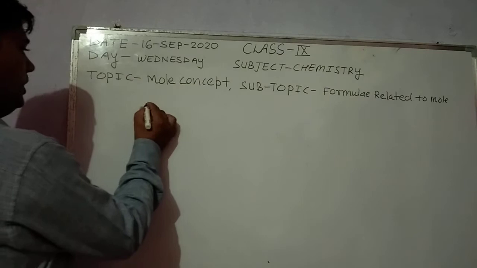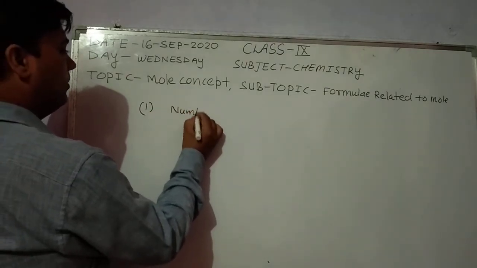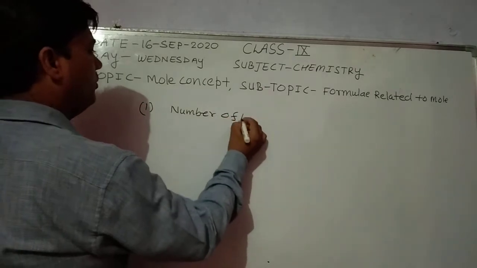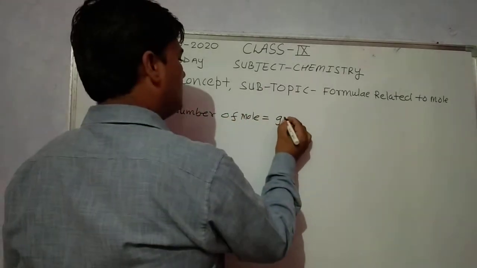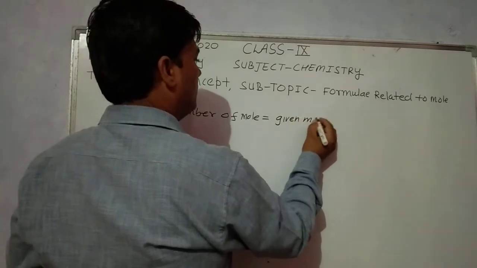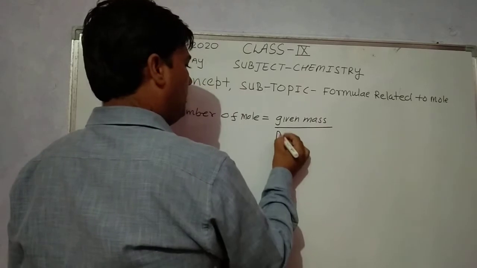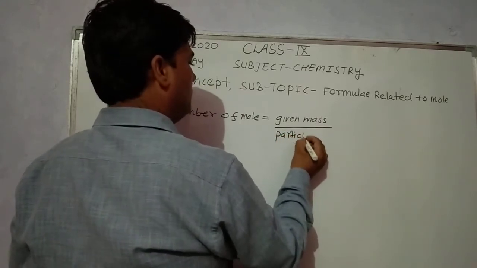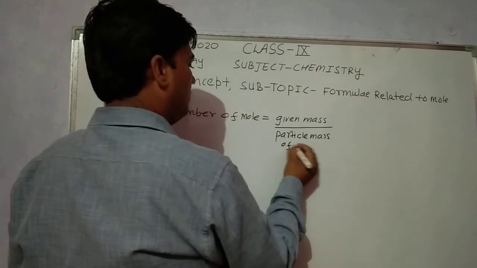So the first formula is: number of moles is equal to the given mass of a sample divided by the particle mass or weight.